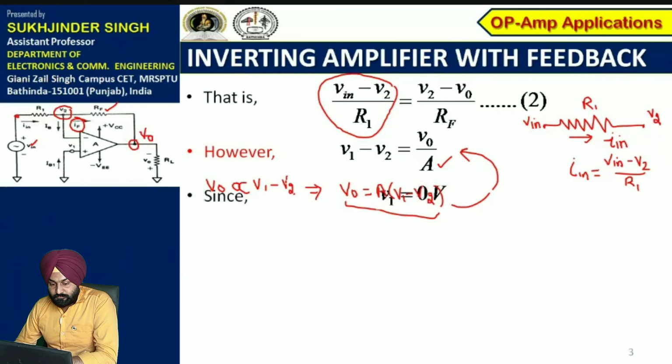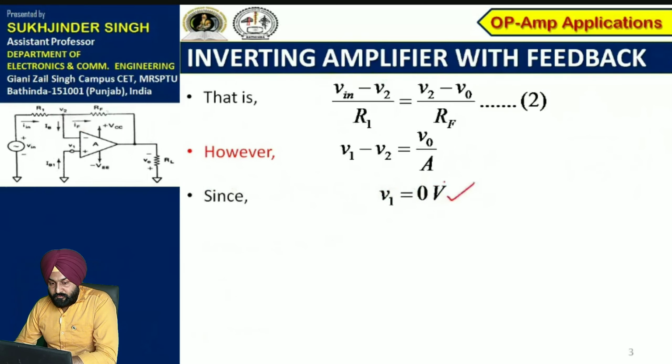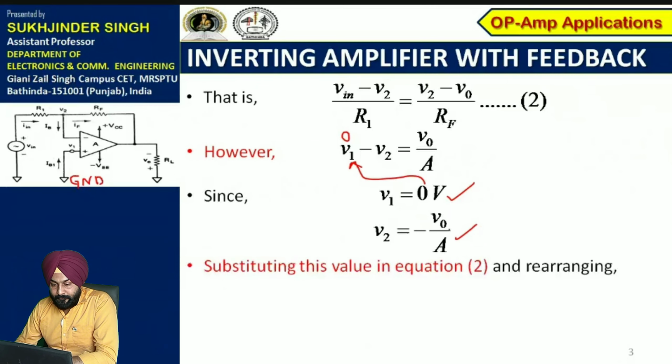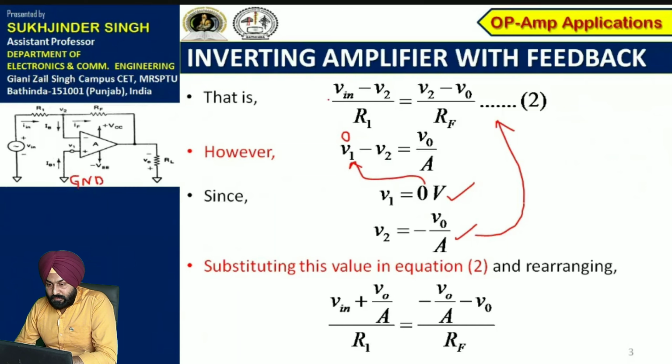Since V1 is directly connected to ground potential, that is 0 volt, V1 can be put as 0 volt in this expression, and we can get V2 as V0 upon A with a negative sign, and substitute the value of V2 in equation 2.